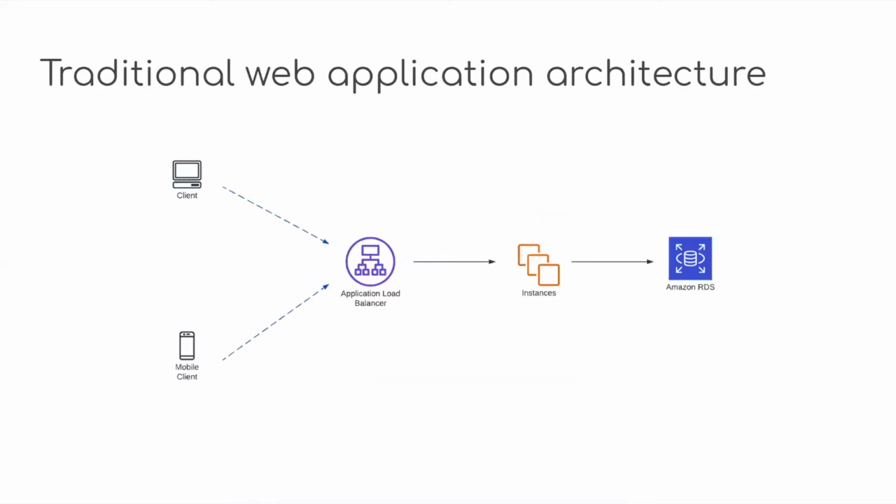So this is the architecture of a traditional 3-tier application. If you have been developing web applications for a while, then you are familiar with this 3-tier architecture, where you have the presentation tier and application tier, and then the data tier.